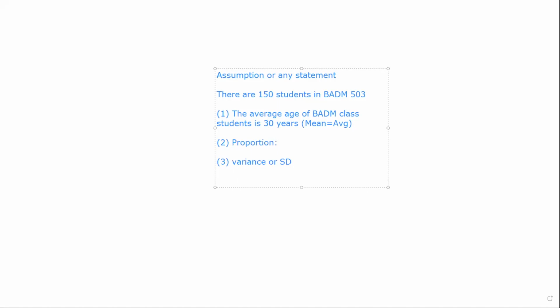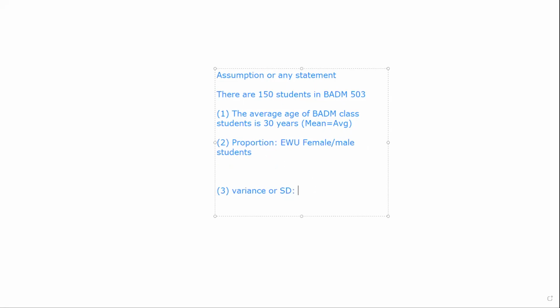So what would be the proportion? This is, let's say, Eastern Washington students, male or female ratio. I can assume that the proportion of EWU female versus male students is, I can say, 40% female, or I can say 40% females are there in Eastern Washington University. So that could be a proportion.